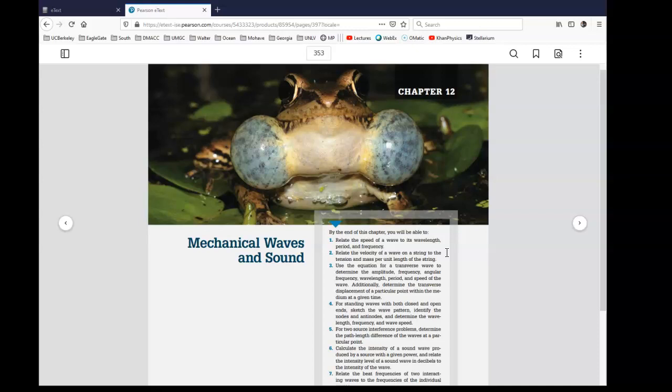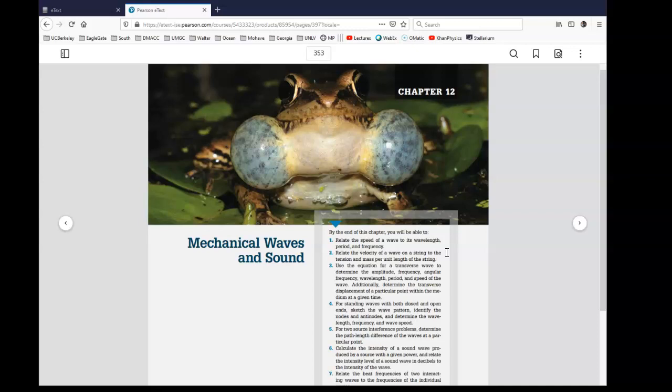When we say a mechanical wave, we mean a wave that you can see with your own eyes in general. For example, when you are looking at ocean waves, that would be an example of a mechanical wave. Or the wave that you would see on a wheat field.